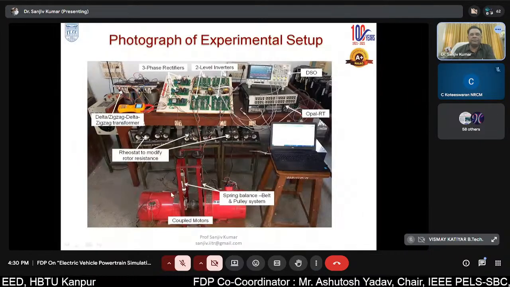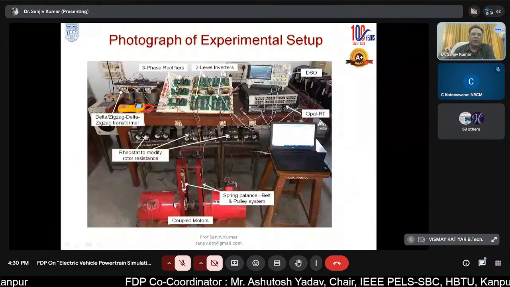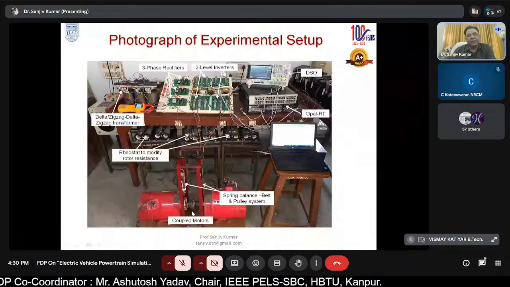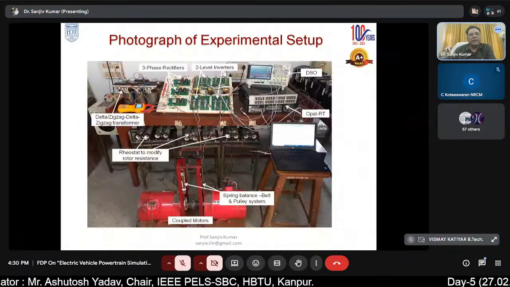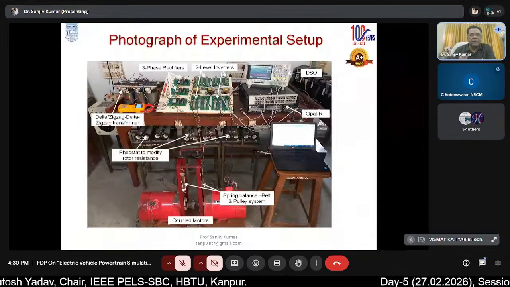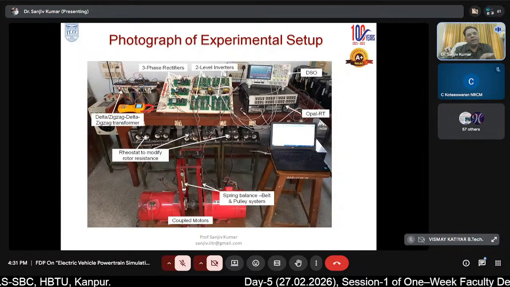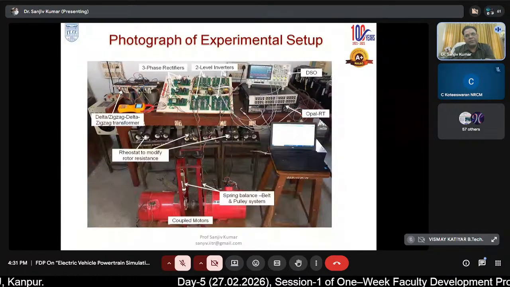Then this is the specially wound motor which we have developed for this. Here two open-end winding based induction motors are used.